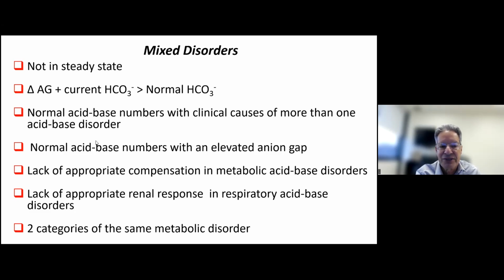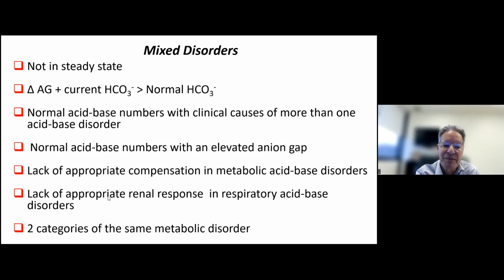You can also have lack of appropriate compensation in metabolic acid-base disorders. Remember, that also means you have a respiratory acid-base disorder. So if you have ketoacidosis, but the PCO2 is not changed roughly 1-to-1, then you must have a respiratory acid-base disorder, either in the up or down direction, alkalosis or acidosis, depending on what your PCO2 is.